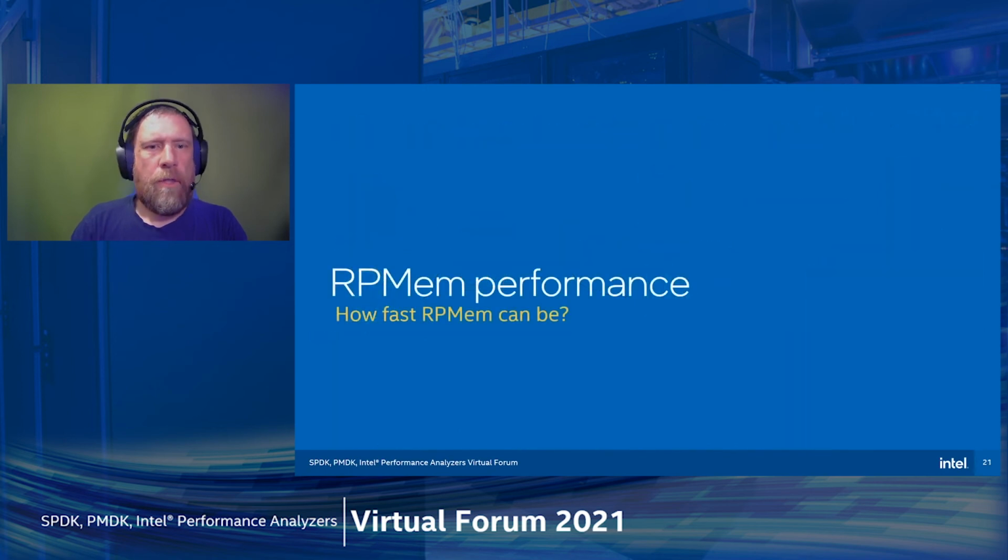So let's take a look at how efficient RPM can be. I'll show you a couple of numbers collected on Intel servers equipped with Intel Optane Persistent Memory 100 series, 256 gigabyte DIMMs, and connected back-to-back with 100 gigabits RDMA interfaces.